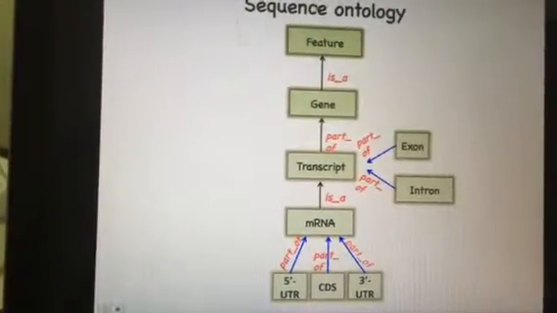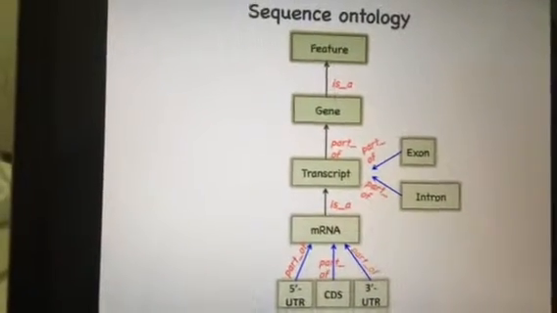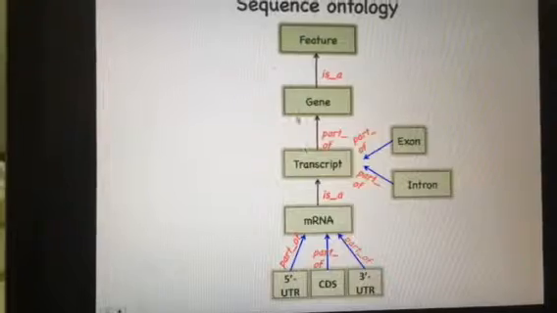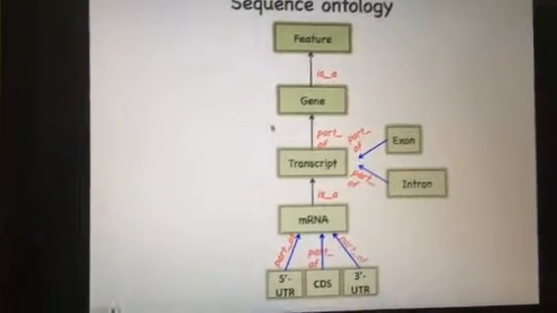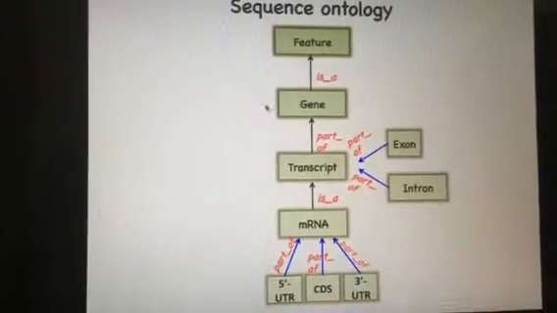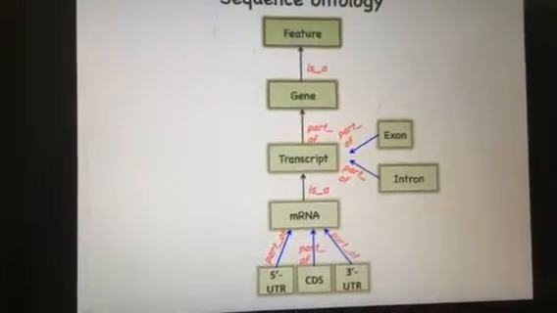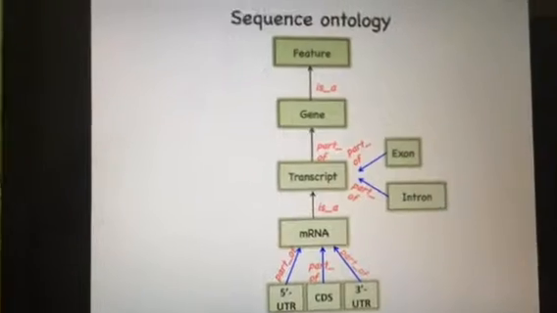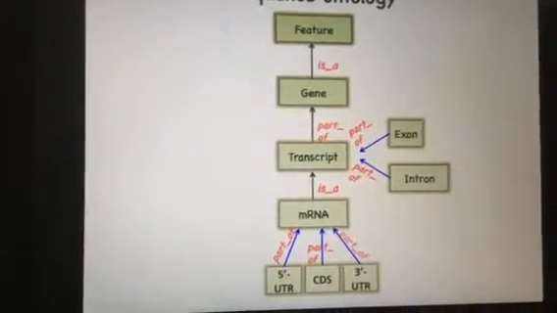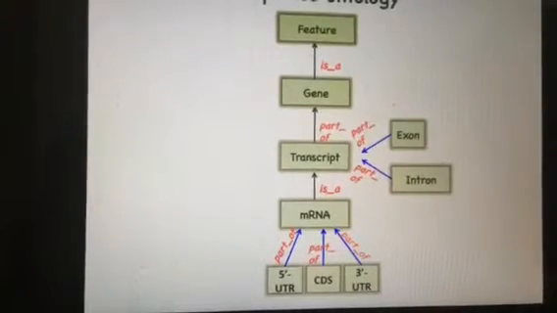As you can see in this ontology tree, several features like gene, transcript, mRNA are all part of the sequence features in sequence ontology, and they all have a special kind of relationship. For example, gene is a sequence feature, and transcript is part of a gene, and mRNA is a transcript, and so on.